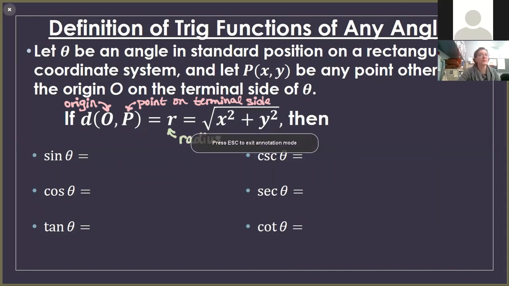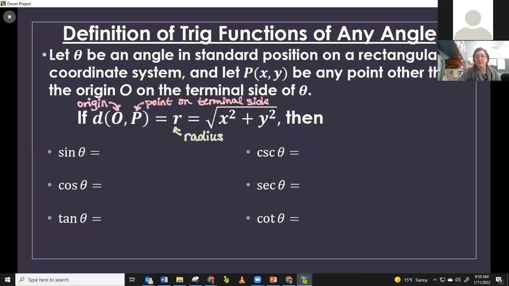So if I call R the radius, the distance from the origin to that point on the terminal side, then we have some different ways of defining our 6 trigonometric functions.